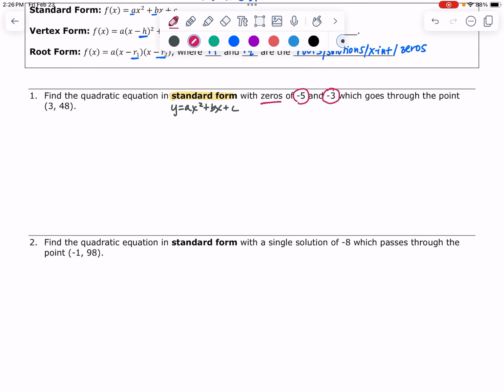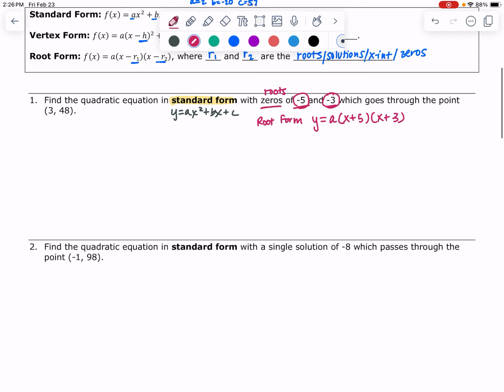And so we know our root form, zeros are the same as roots, would be y equals some a value we don't know, (x plus 5)(x plus 3), because we had to take the opposite and put them inside the parentheses.